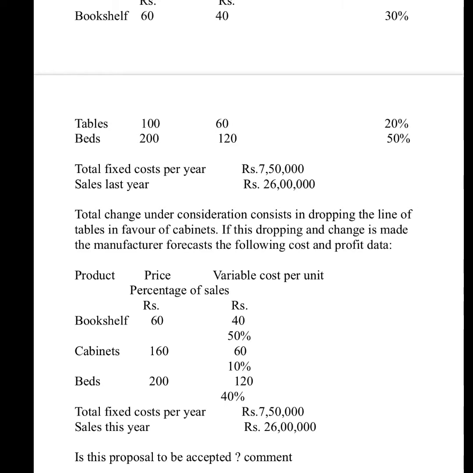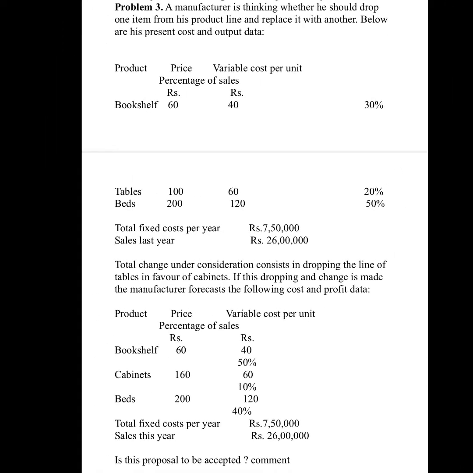Whenever you have this kind of problem, whether dropping a product line or introducing a product line, we should always start with the statement of profit. Sales minus variable cost gives you contribution, minus fixed cost gives you profit. Here we have to decide whether to drop the table or accept the cabinet.